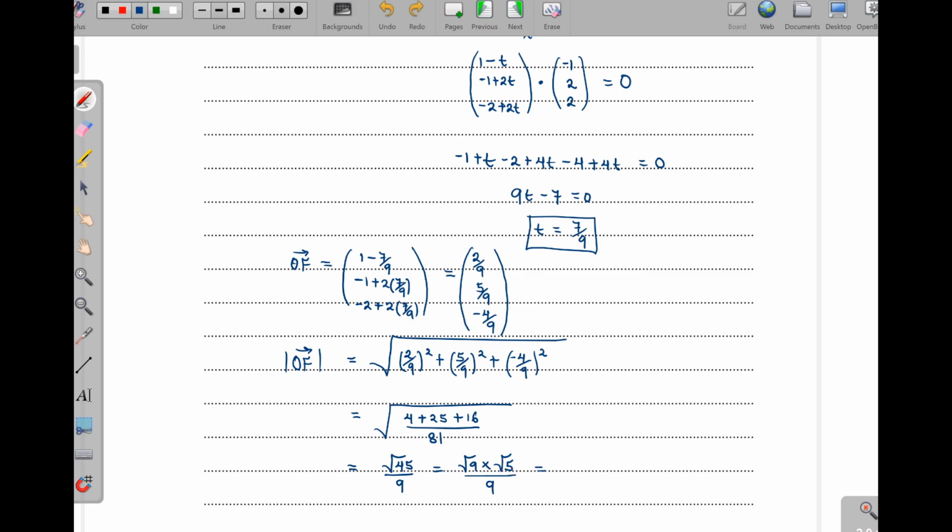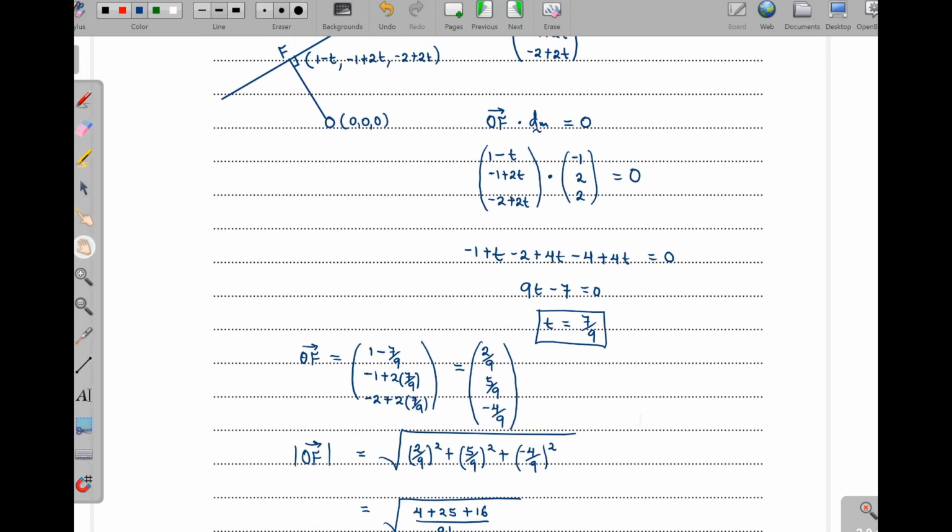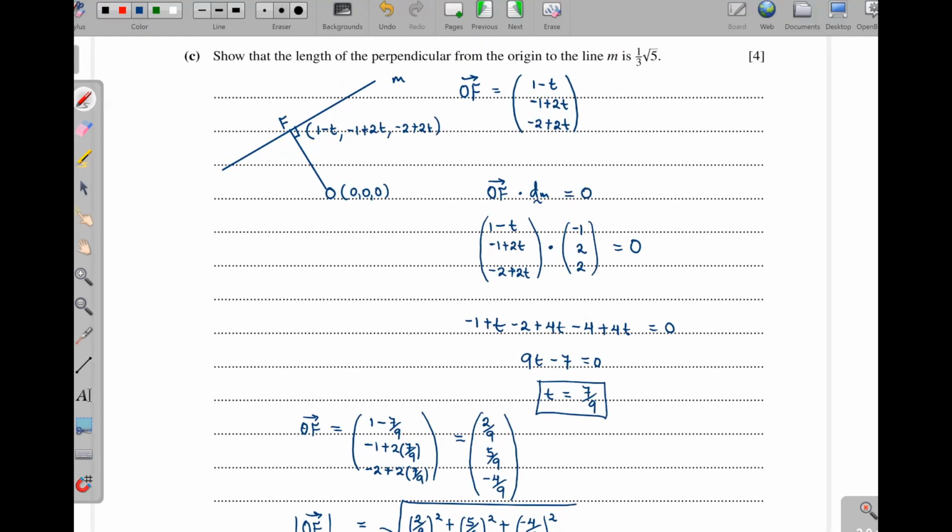Now root of 9 is 3, then root of 5 here, and then we have a 9 here. So 3 goes in the 9 three times. So we are going to get root of 5 over 3. Isn't that exactly what we have here? Yes, a third root of 5.